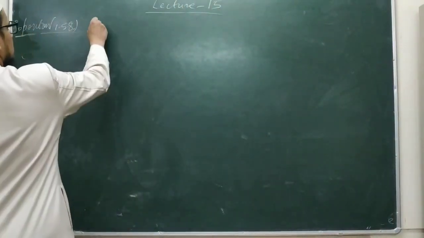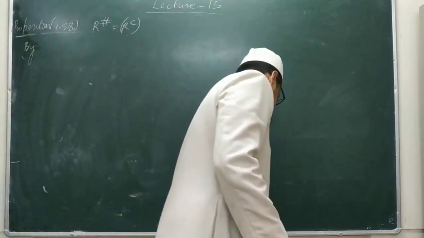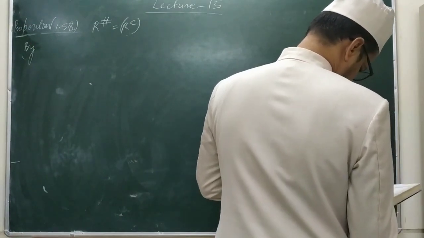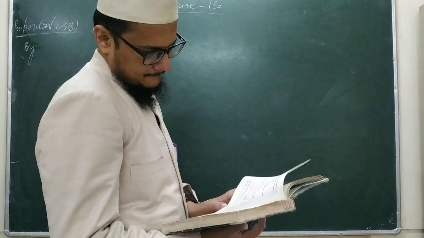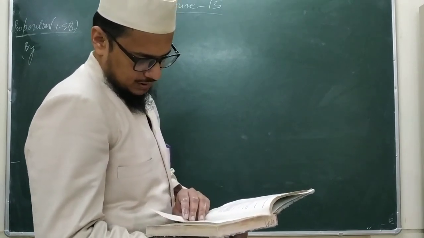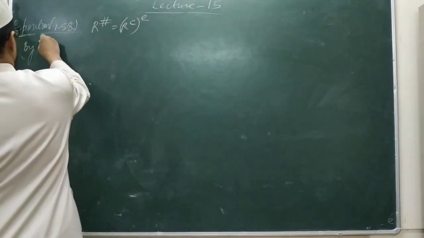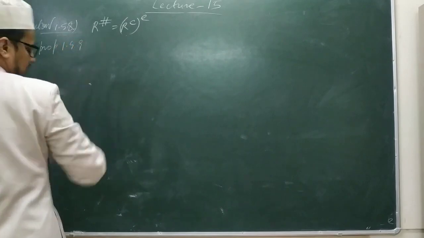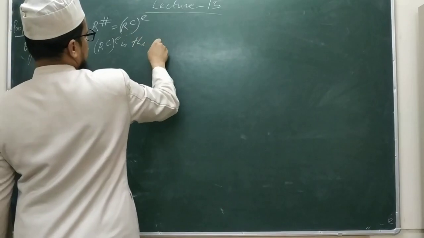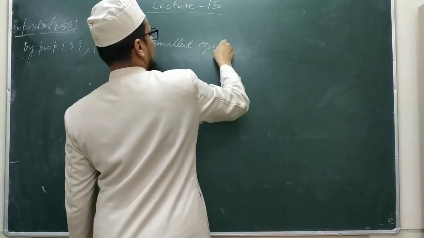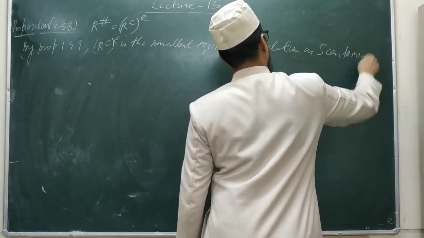We have to prove this RCE. By proposition 1.4.9, what we have proved, RCE is the smallest equivalence relation on S containing RC.